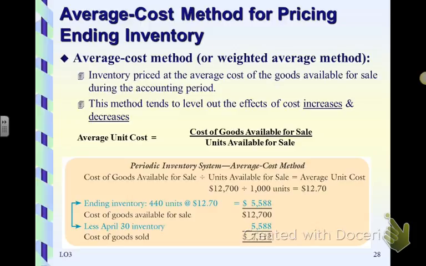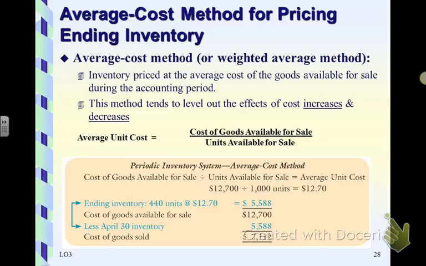Can't I do this? I said 12,700, right? Now let's say I didn't know this. Using the average method, couldn't I do 560 times 12.70?